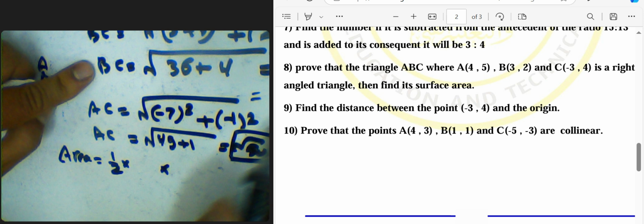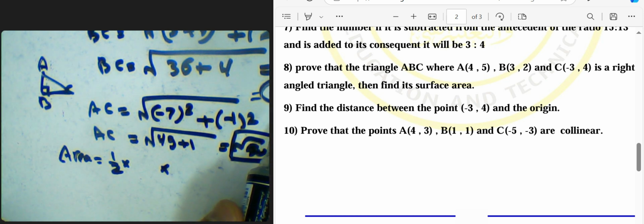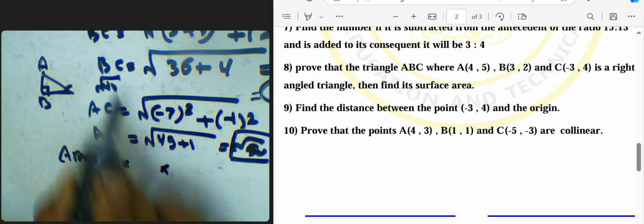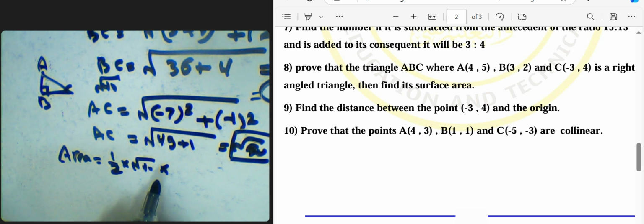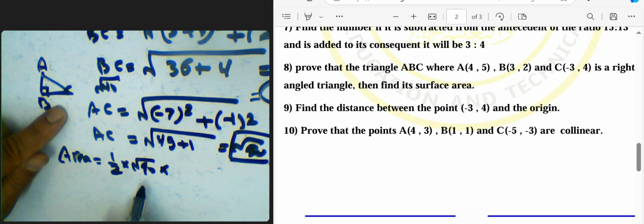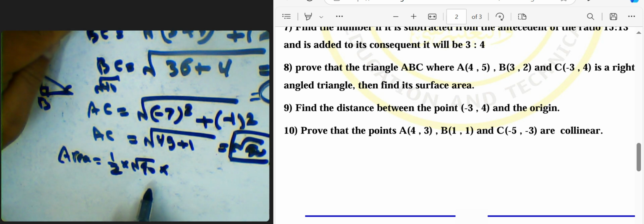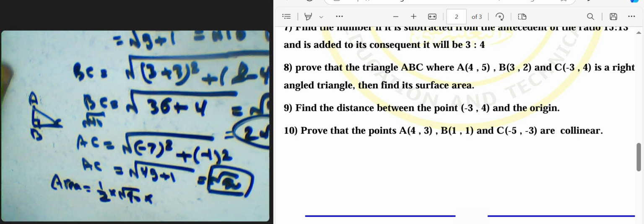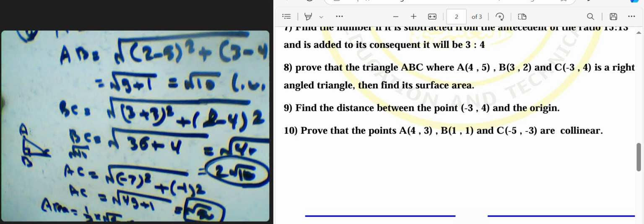BC was root 40, and AB was root 10. Okay.